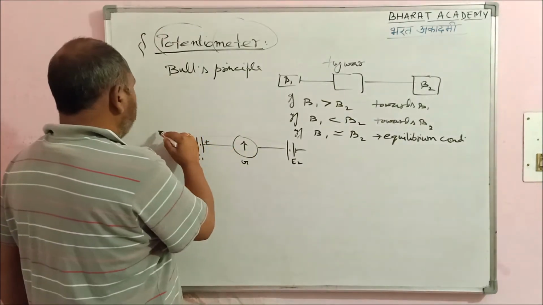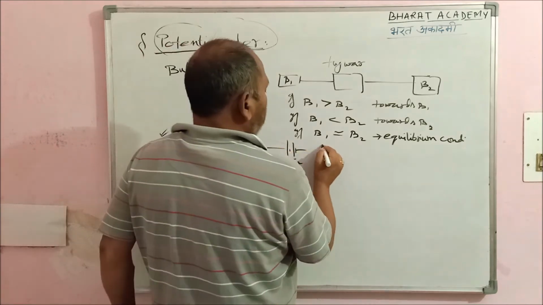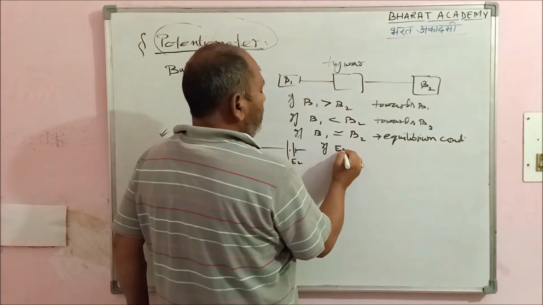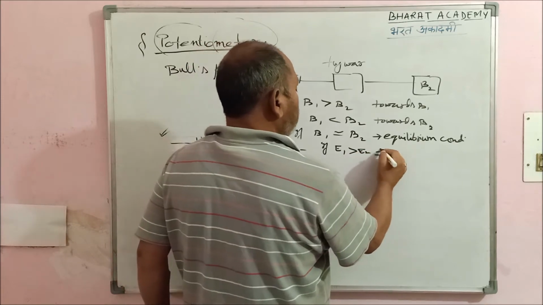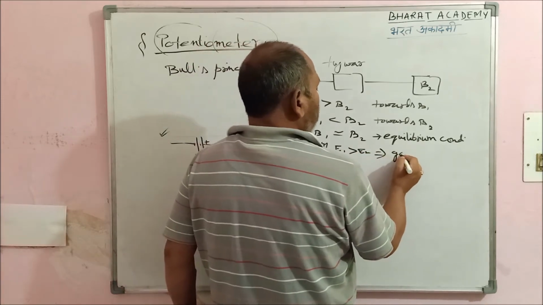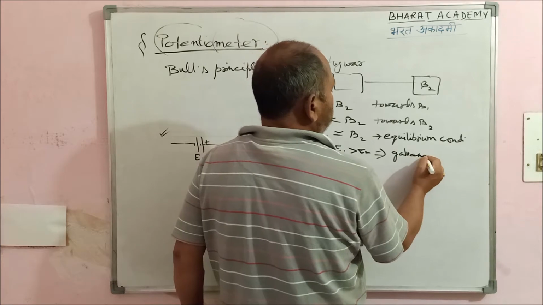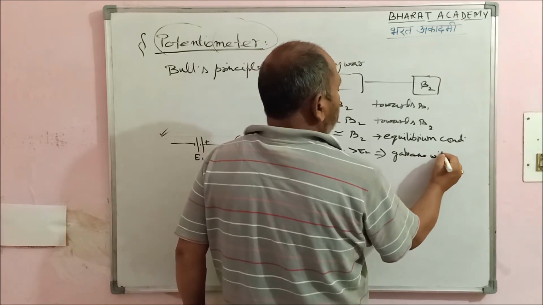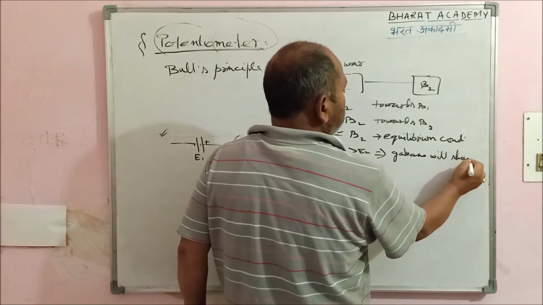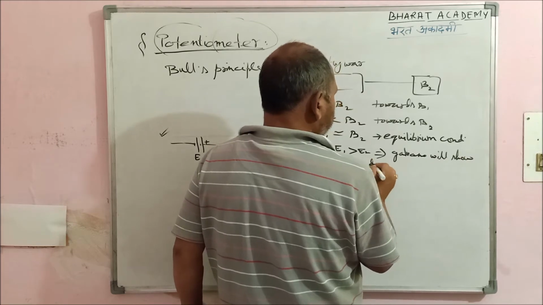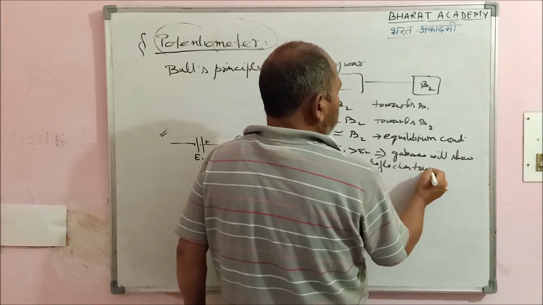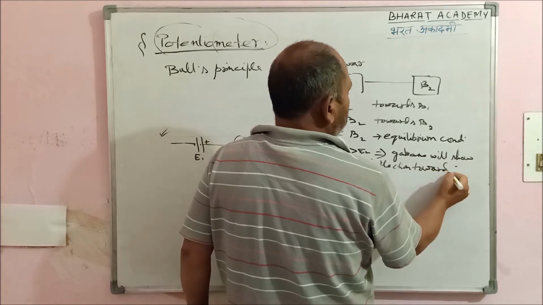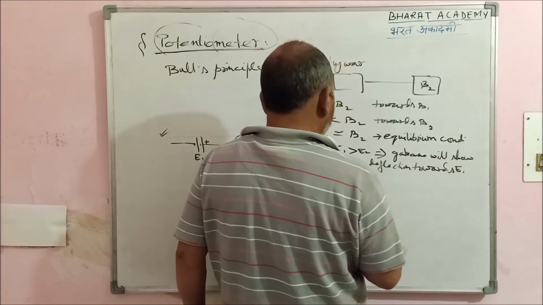Here, in this practical situation, if E1 is greater than E2, then the galvanometer will show a deflection towards E1, due to E1.